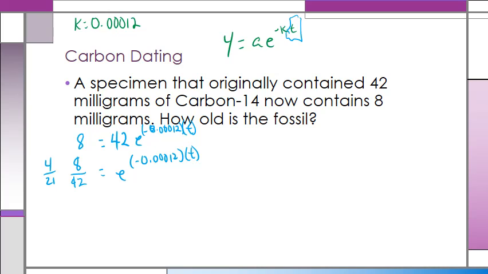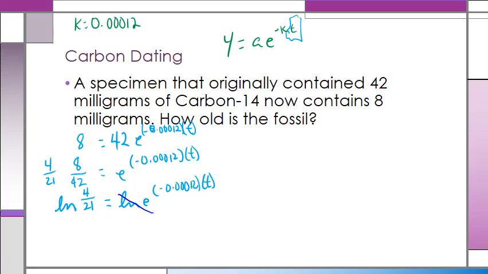And let's see, so now I'm going to take the natural log of both sides. So I'm going to say ln of 4 over 21, reusing this simplified value of 8 over 42, equals the natural log of base E raised to the power of negative 0.00012 times time. Well, this is going to let the natural log and the natural base cancel.